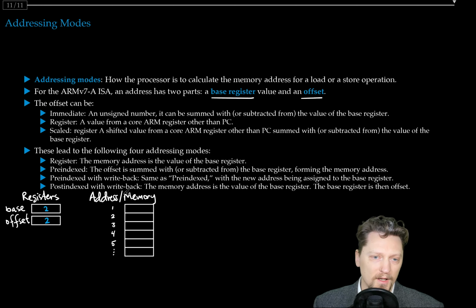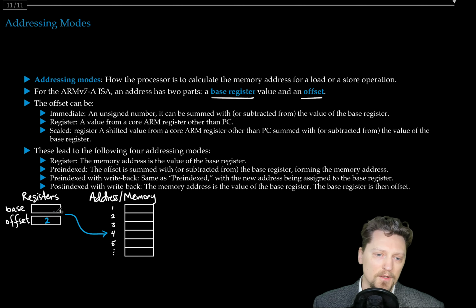Okay, so that's pre-indexed. Pre-indexed with write back. Same as pre-indexed, with a new address being assigned to the base register. So we would do the same as we did in pre-indexed. We would look up 4, okay? And then in the next step, once we've looked up that address, we would replace the base with 4.